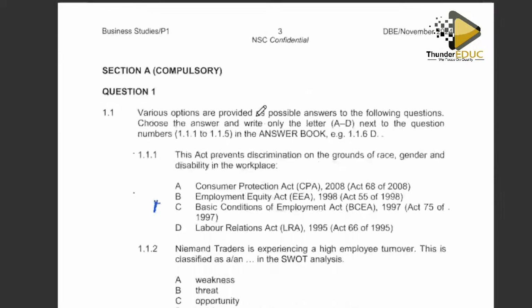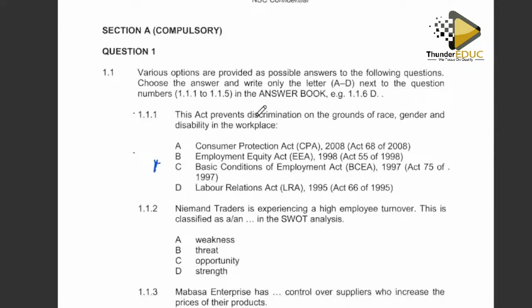So now let's check section A, which is compulsory. Various options are provided as possible answers to the following questions. Choose the answer and write only a letter A to D next to the question numbers 1.1.1 to 1.1.5 in the answer book given.